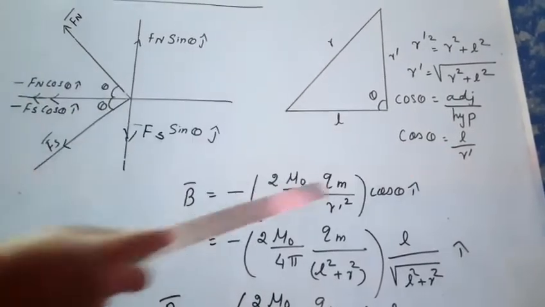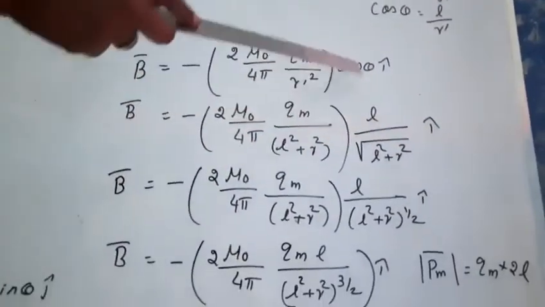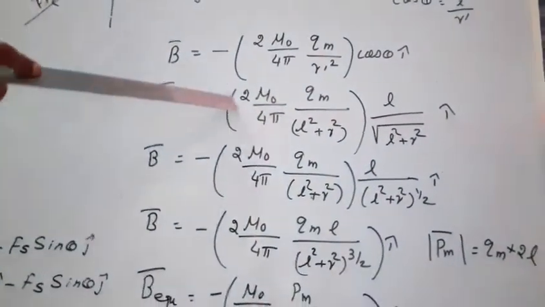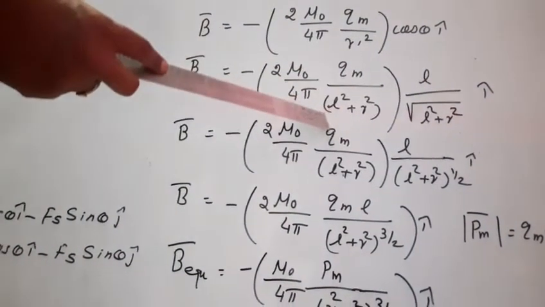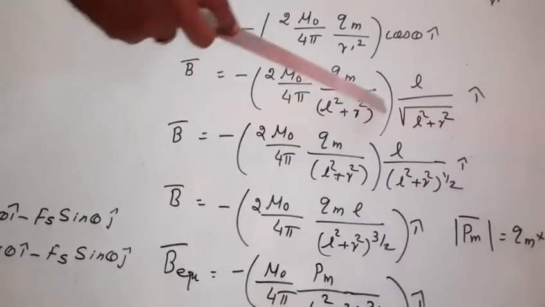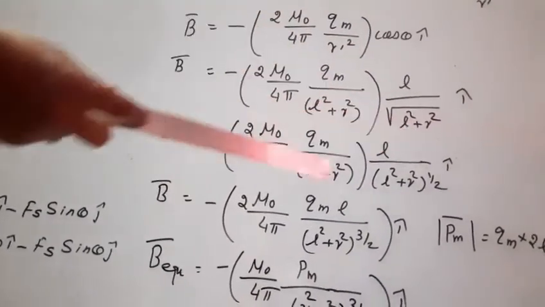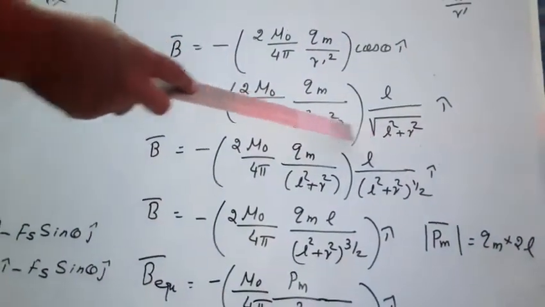So now in this formula we can use the R dash value and also the cos theta value. Therefore, B vector equal to minus 2 mu naught by 4 pi Qm divided by the R dash value, which is L square plus R square, and cos theta value is L by root of L square plus R square i cap.